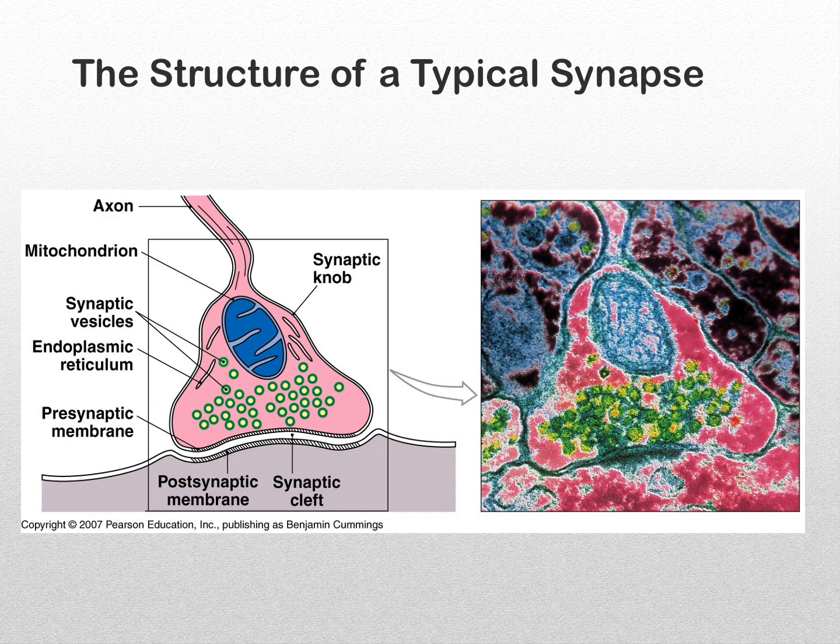And then it will be captured by the postsynaptic membrane of the next cell, which could be a neuron, or it could be a muscle cell, or it could be a gland. I'll show you that. So this is a typical synapse.